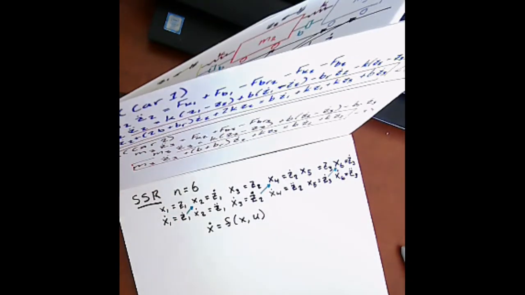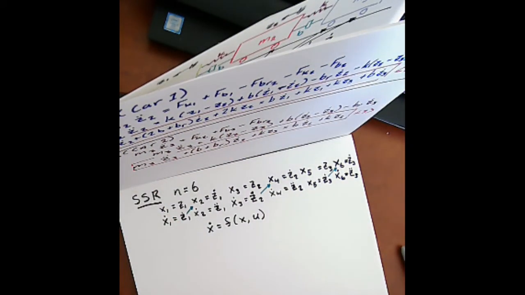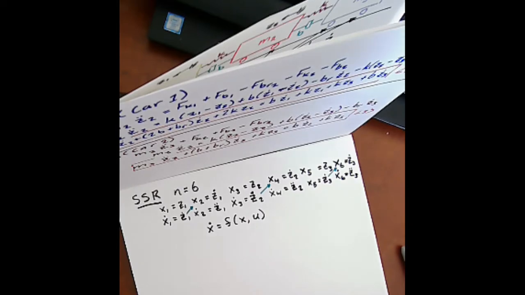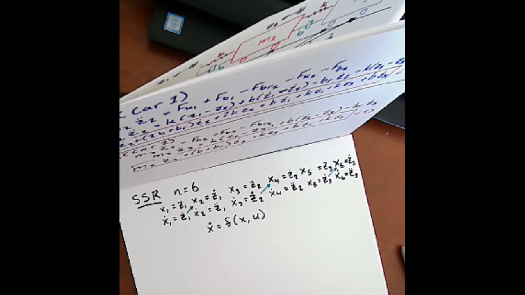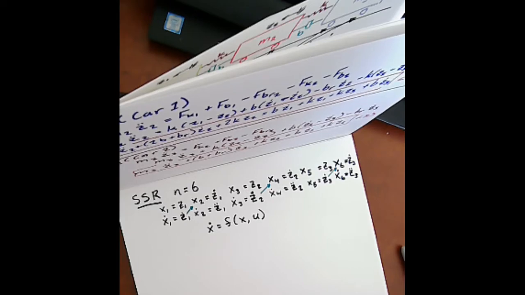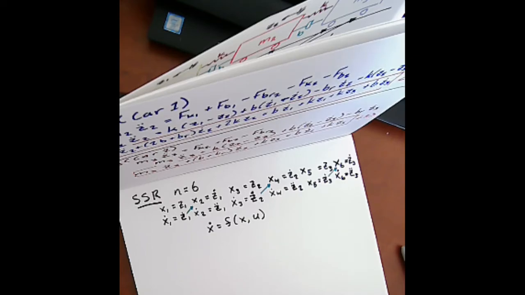One of the biggest questions that I get in class is, Dr. D, how am I supposed to know which state variables to choose? The fact of the matter is that there's no unique choice of state variable. You can choose whatever you like. However, my general rule of thumb for students just starting out in state space representations is to think about how energy is stored in this system, and then choose your energy storage variables.